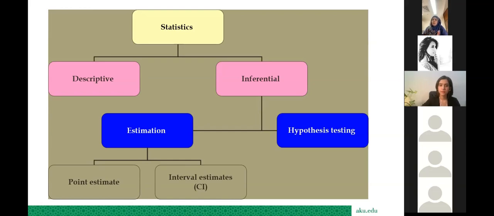If the objective of your study is just to estimate certain information from your population, for example, knowing the prevalence of brain tumor, that will be just estimation. However, if you want to see what factors are associated with or leading to brain tumors, you will have some hypothesis on the basis of which you assess this objective, right? This part we are going to do in our upcoming sessions, after the descriptive statistics.